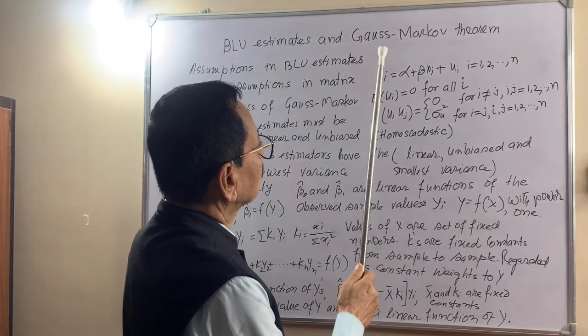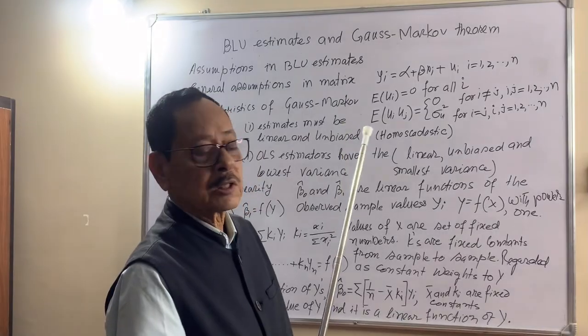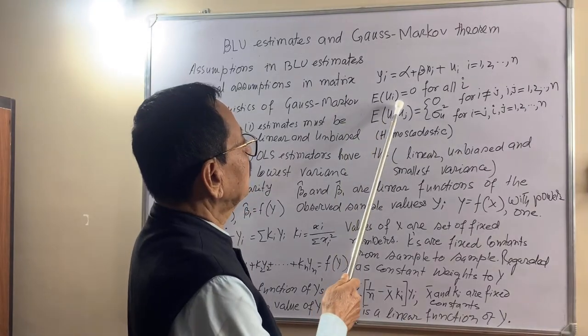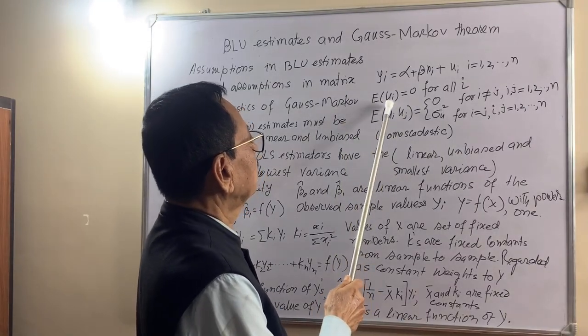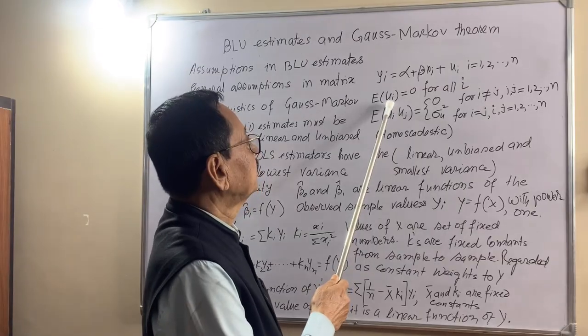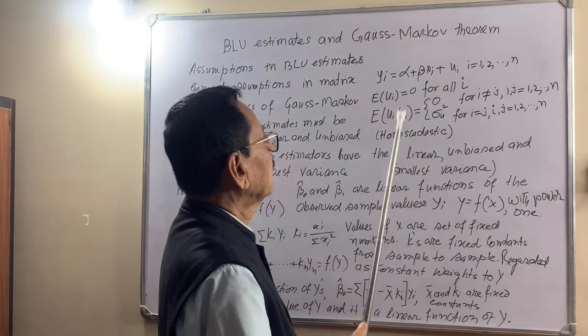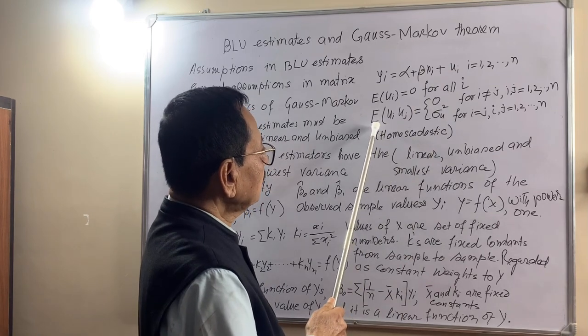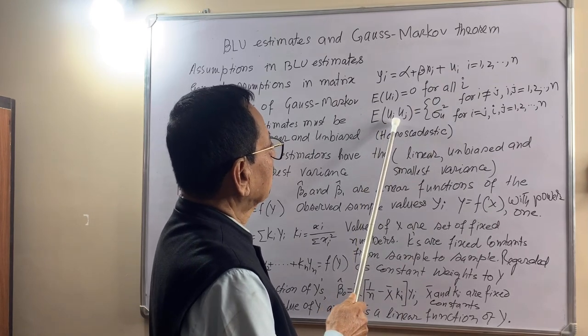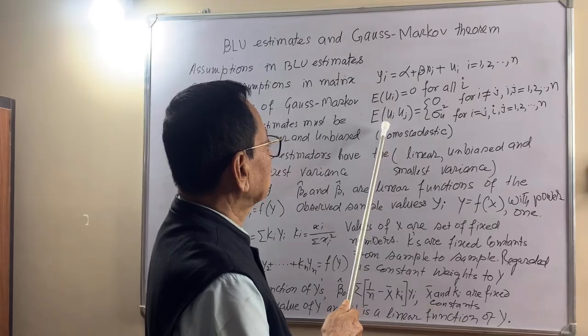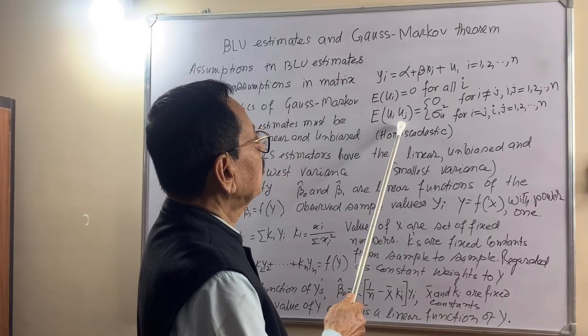What are those assumptions? Expected ui is equal to 0, that is the mean of the error term is 0 for all i, and then the variance and covariance, expected ui uj.